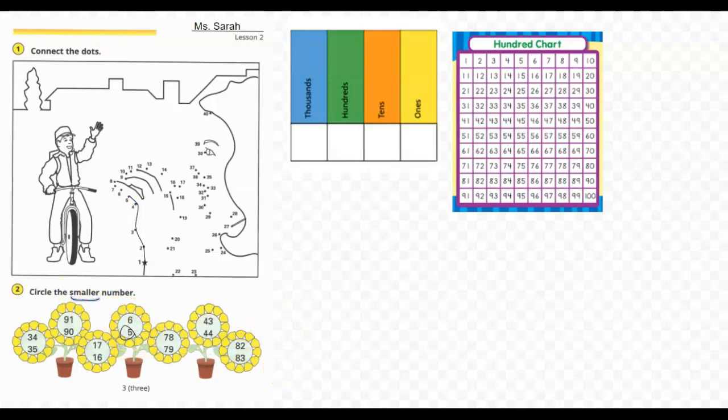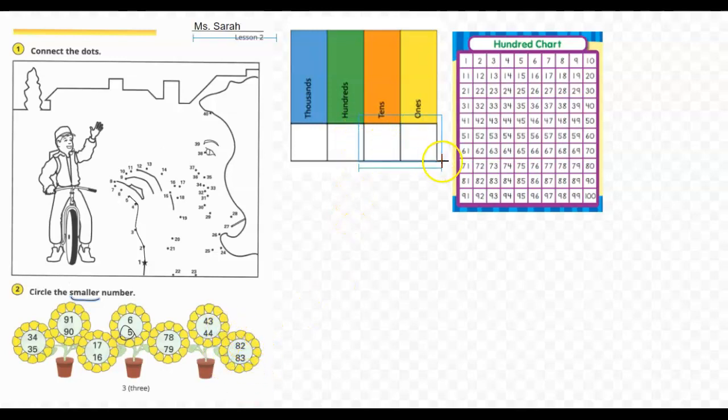Now, sometimes the numbers are bigger and they might be a little hard to work with. These ones are probably still pretty easy for you, but we're still going to talk about it so that when it comes to the bigger numbers later, you know what we're talking about. So we're going to look at this flower right here, 82 and 83.